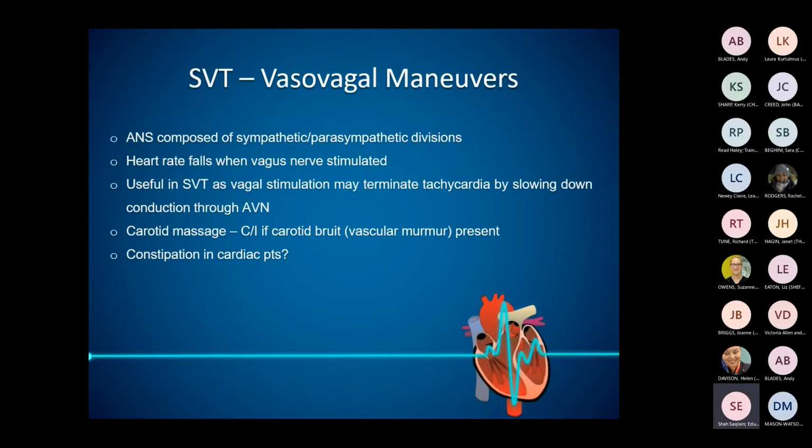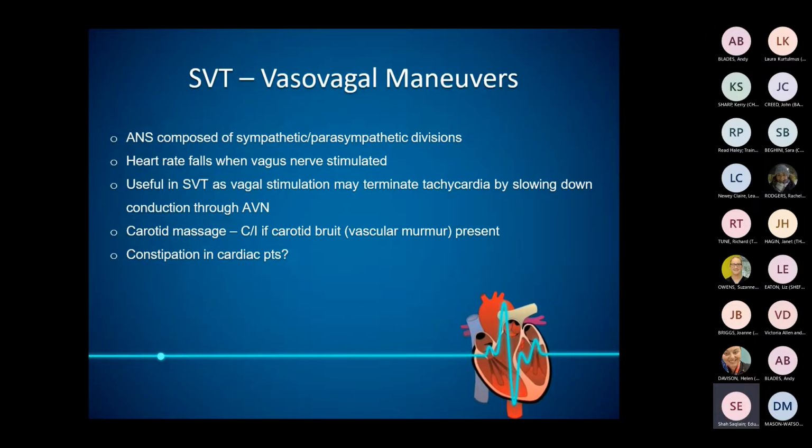For time, in terms of SVT management, we talk about vasovagal stimulation, so we do Valsalva maneuvers. What we're trying to do here is, assuming these patients don't have sinoatrial disease, stimulate the parasympathetic nervous system to reduce heart rate.